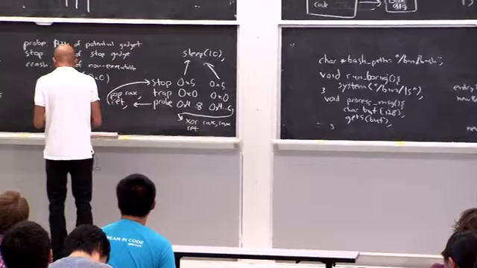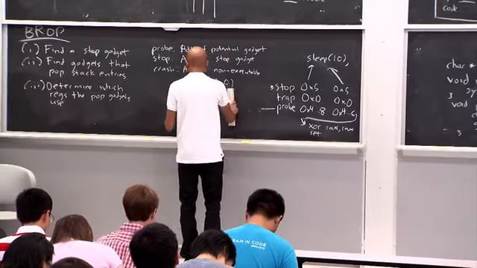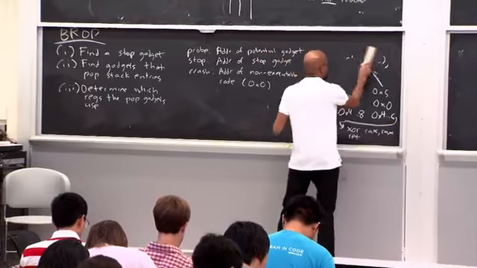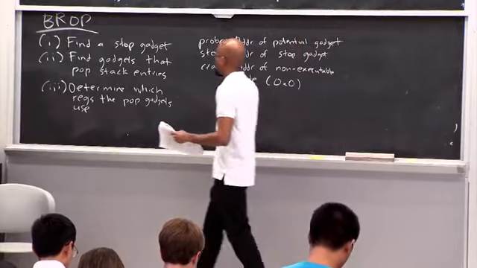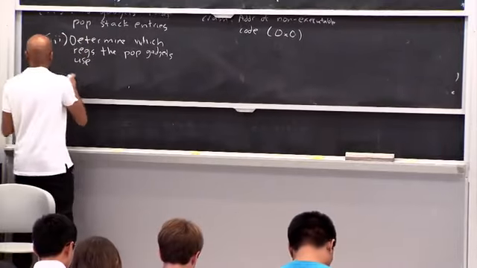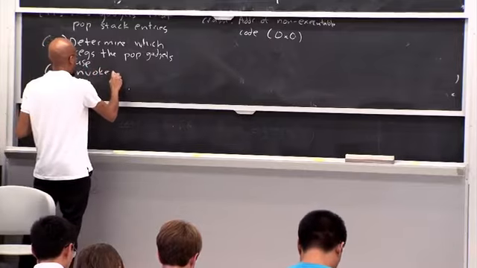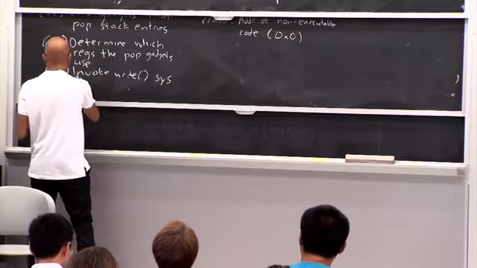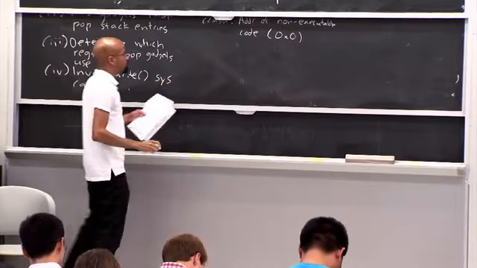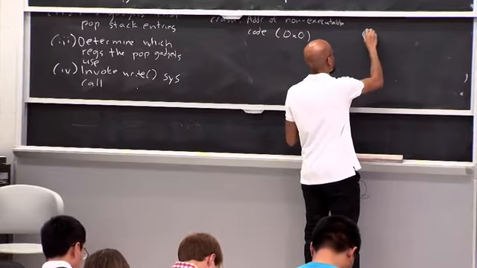Okay, and so now, let's see. Step 4 is going to be to invoke the write system call. To invoke write, we need to have the following gadgets.